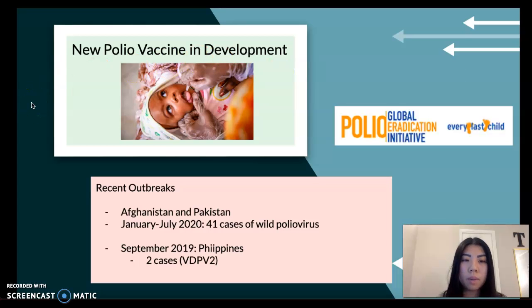The work being done by the Global Polio Eradication Initiative is specifically targeting these endemic countries, Afghanistan and Pakistan, by committing financial resources as well as open political communication to eradicate polio by vaccinating all children and adults who have never been vaccinated against polio.